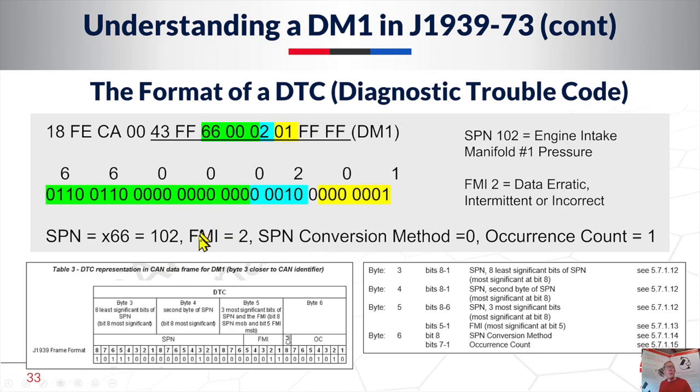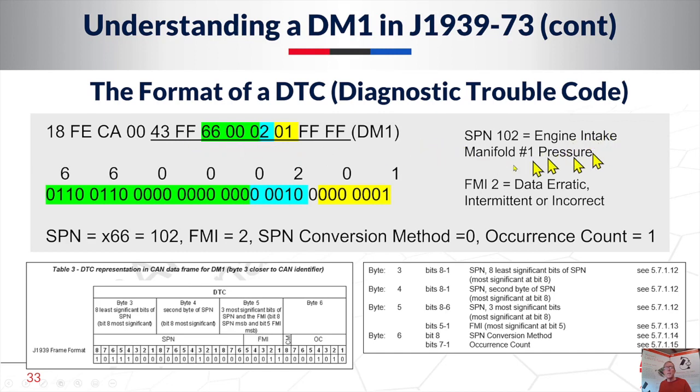Then there's the failure mode indicator. The failure mode indicator here is a 2. We saw that a failure mode indicator of 2 is data erratic, intermittent, or incorrect. SPN 102 is the engine intake manifold number 1 pressure. So what is this diagnostic trouble code telling us?